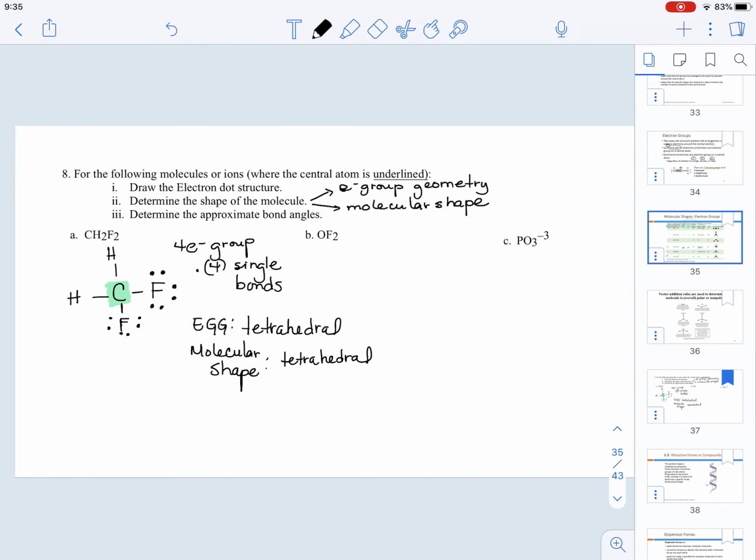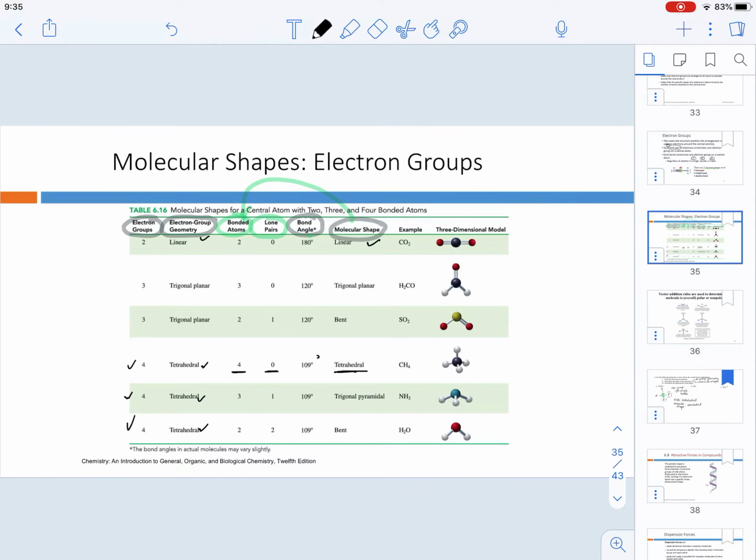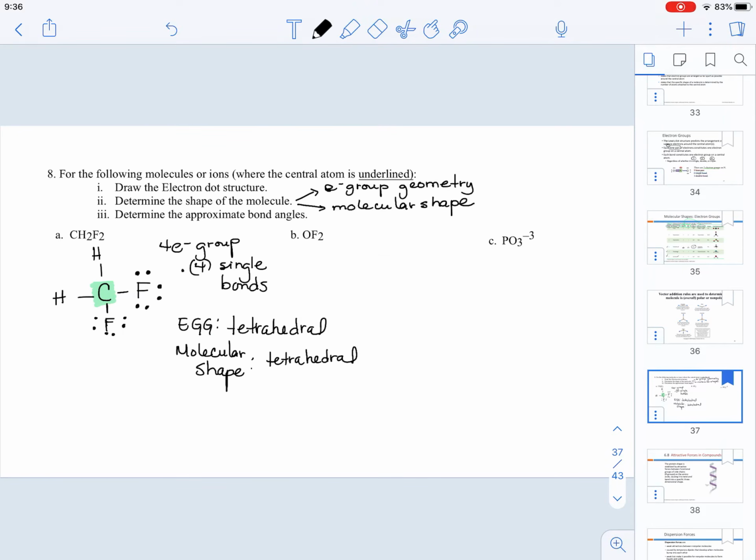Anything that is tetrahedral, as you can see in here, has an angle of 109. So the angle for those bonds is going to be 109 degrees.